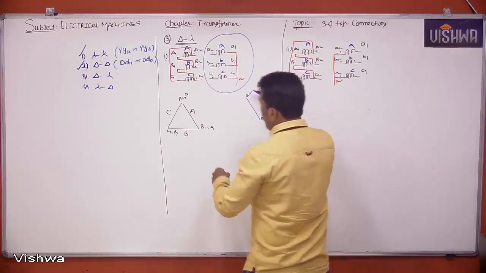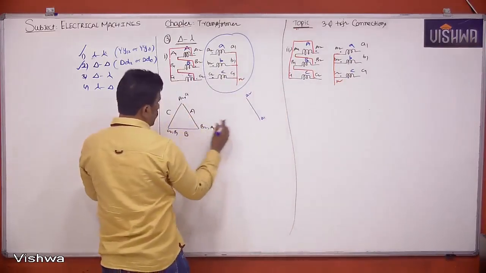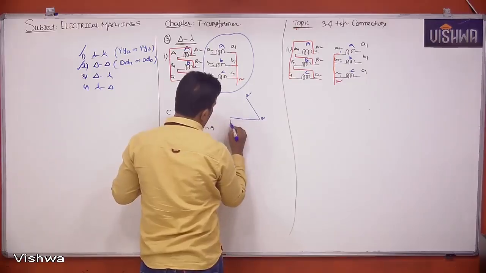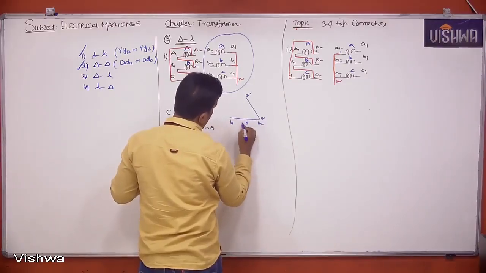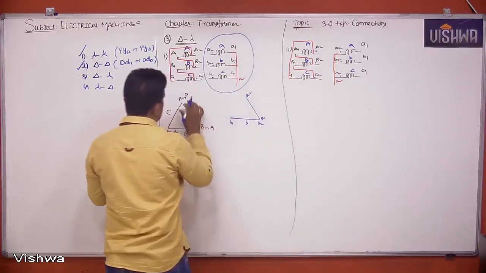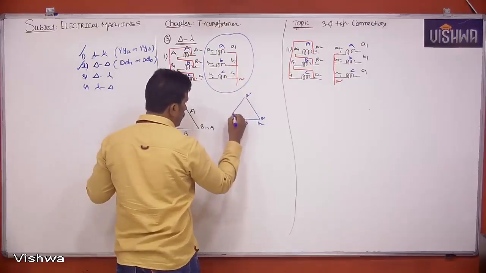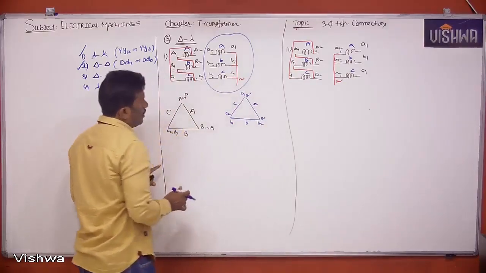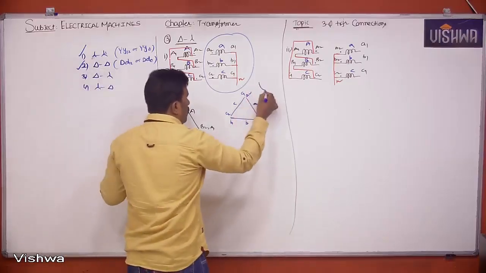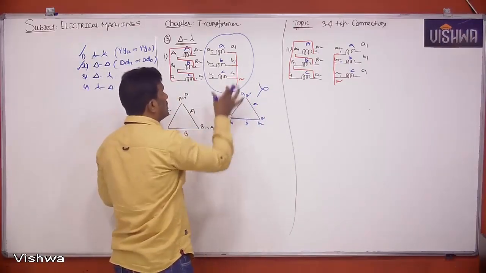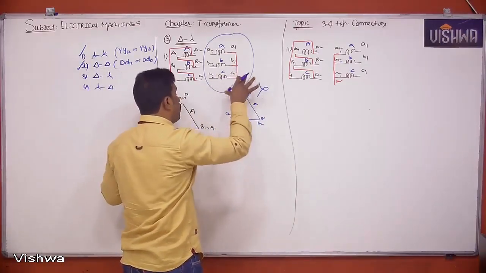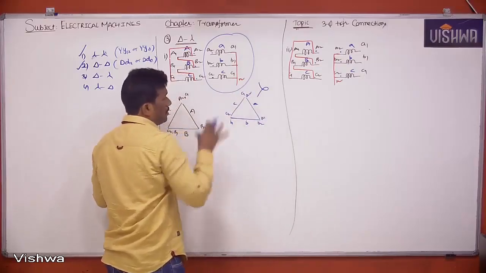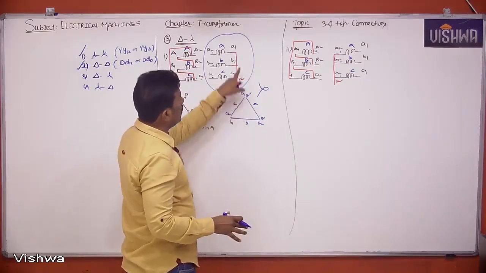A1, A2, B1, B2, so I can draw here B1, B2, B vector, and C1, C2, C vector, this small a vector. But this is not correct. Why? Because your secondary is a star, but what we have drawn here is a delta, which is wrong.